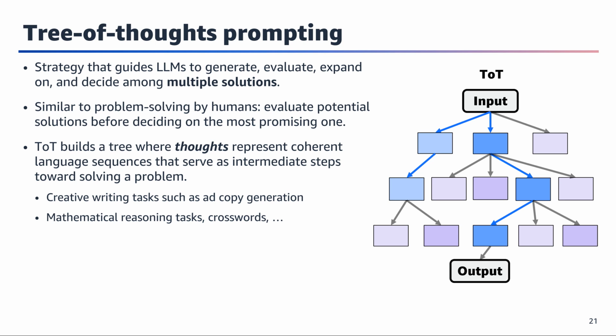This process mirrors how humans often consider multiple options, weigh their merits, and iteratively refine their thinking before arriving at a final solution. The tree of thoughts approach is versatile and can be applied to a wide range of tasks, mathematical reasoning, planning, and more.